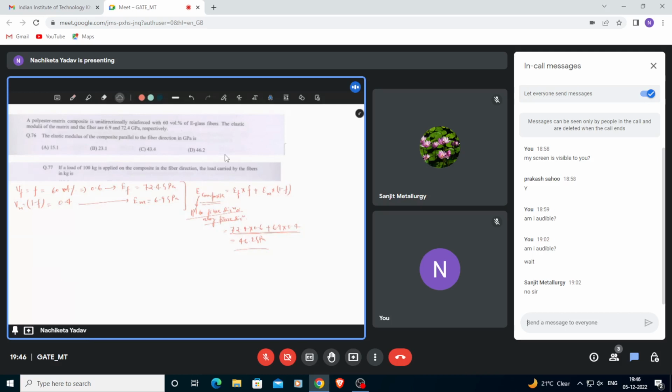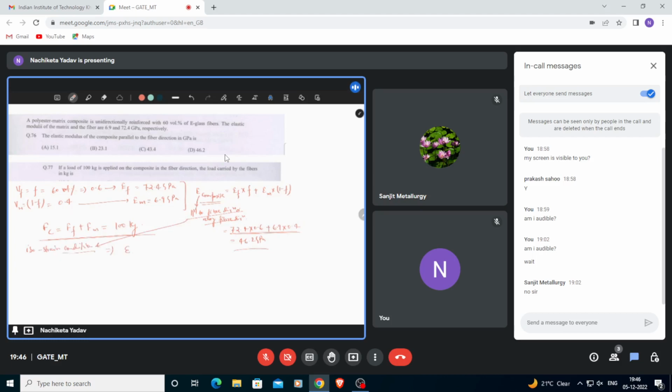If a load of 100 kg is applied on the composite in the fiber direction, the load carried by the fiber in kg. We know the load on the composite will be equal to the load in fiber plus the load in matrix, and it is 100 kg. And this is the isostrain condition, because it is parallel to the loading direction, the fiber direction.